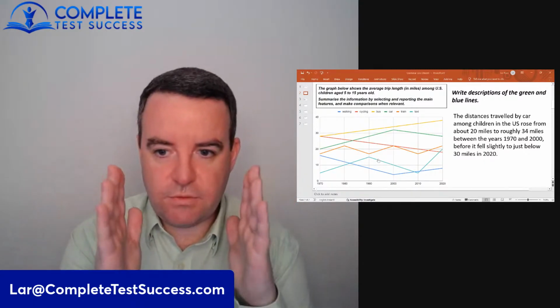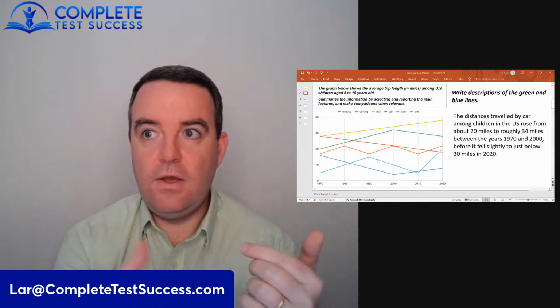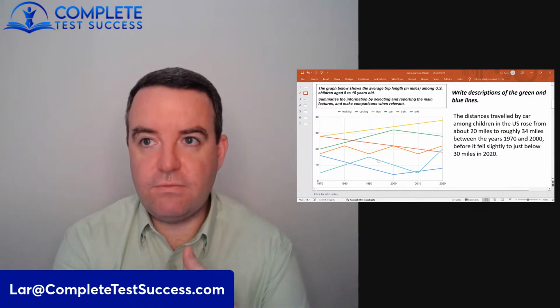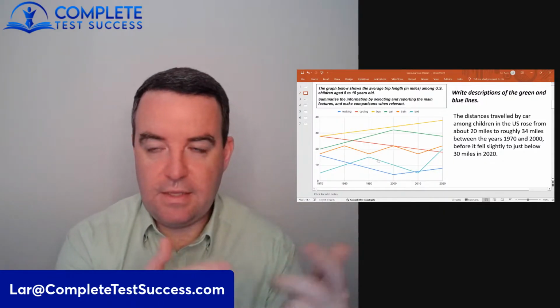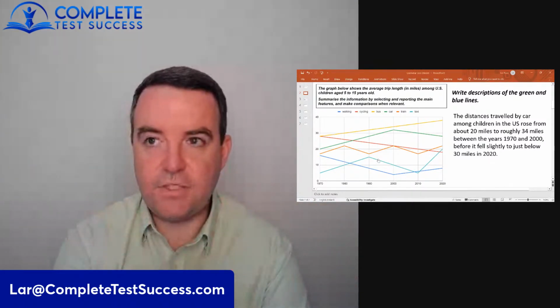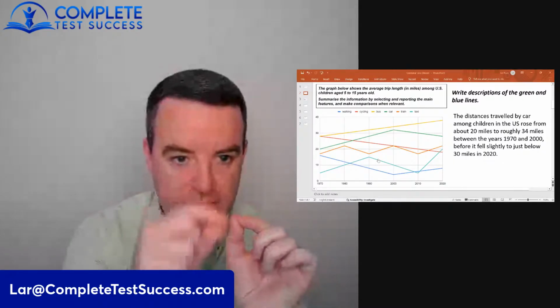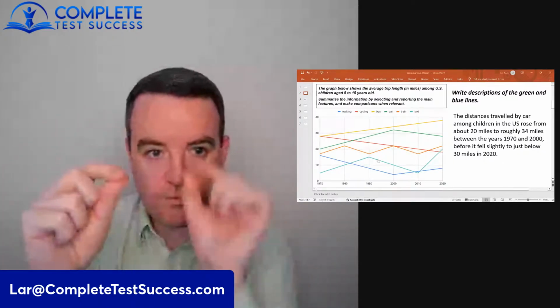So imagine the person reading your essay cannot see the graph. You should write it in a way where, if you don't give the information to the reader, they won't know. Imagine that they can't see the diagram. The only information they have is the information you give them. So you're going to say, in this year, it was this many miles. In this year, it was this many miles.